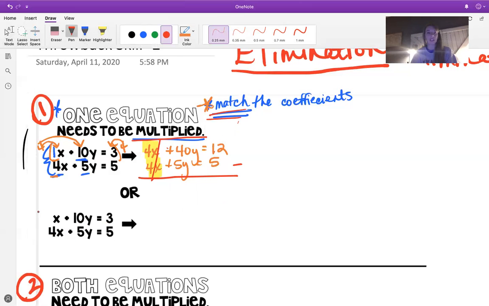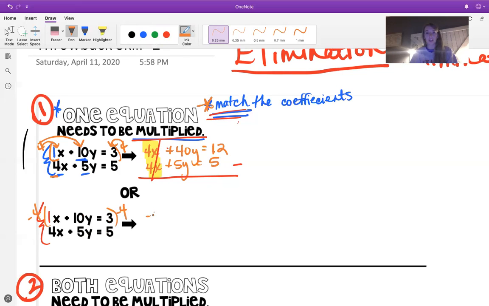So I can see, all right, so this is the same one. There's another way that you can do it, okay? So I can see that none of the coefficients match up. I have a 1, 10, a 4, and a 5, okay? So this time I could multiply my first equation by a negative 4, okay?